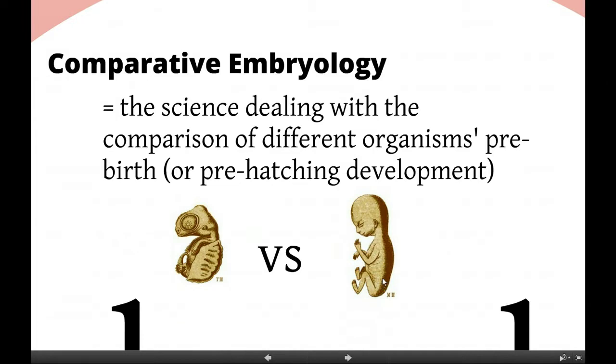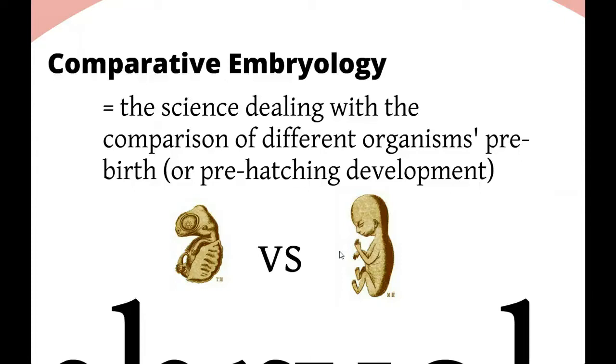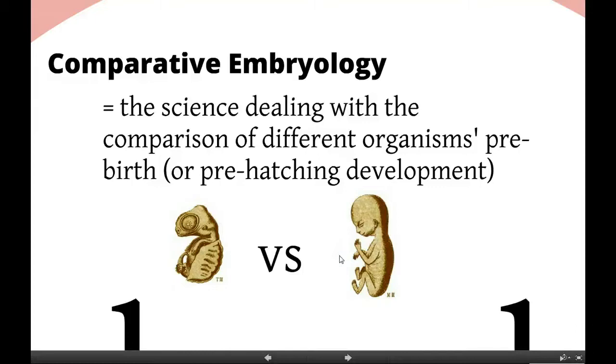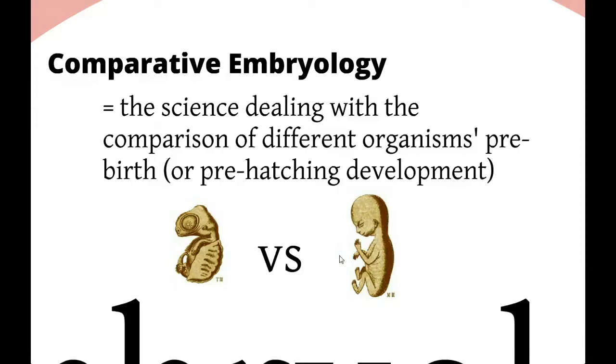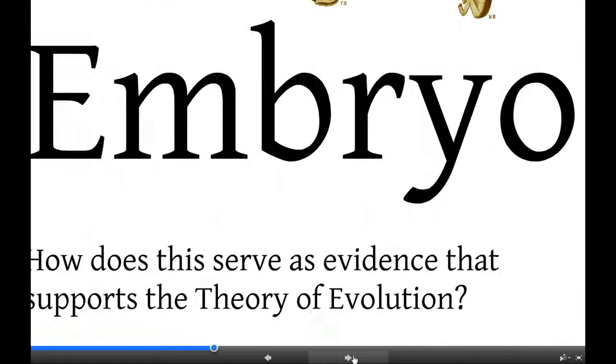And what we see is that vertebrates especially have key similarities early in their development, right immediately after conception, and as they continue, they start to separate in different directions, but still they're relatively similar. This is an interesting idea.